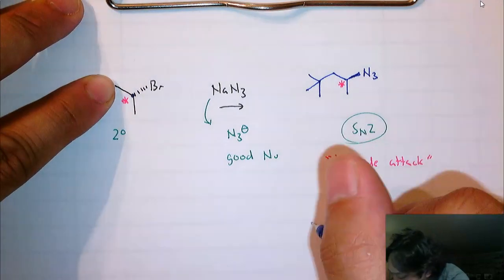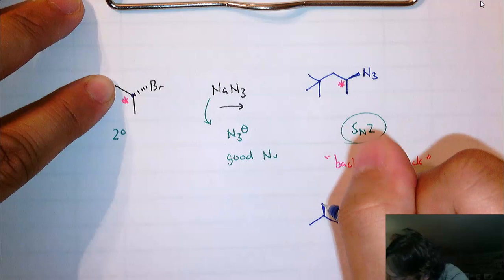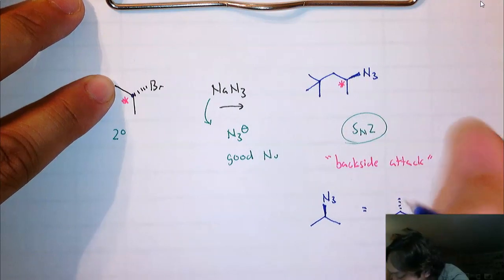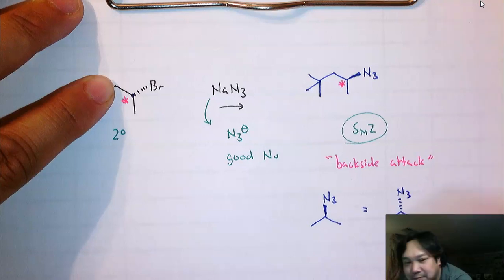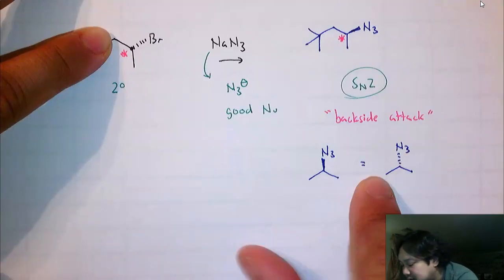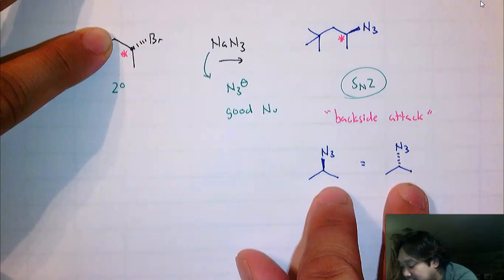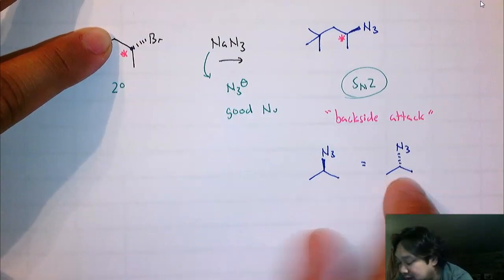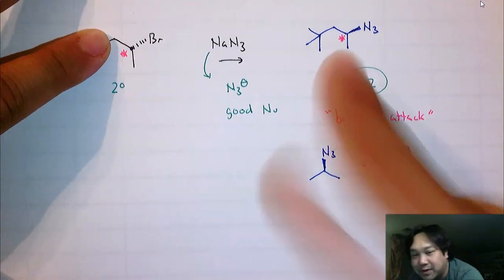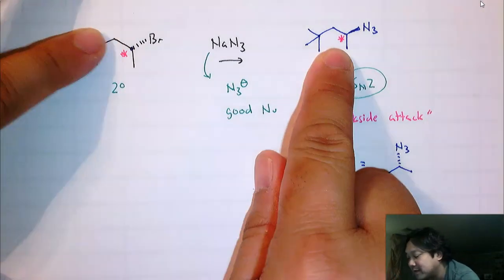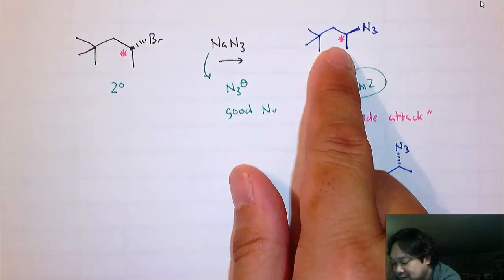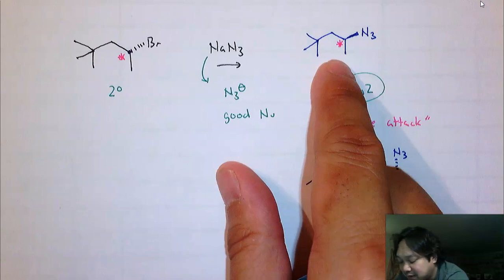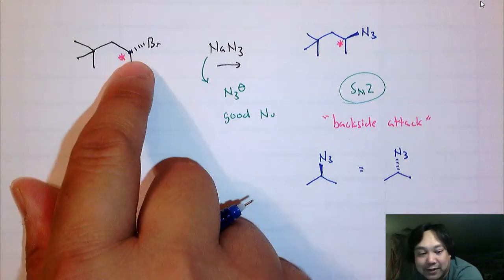Well, your product you think would be this, but that's identical to this. So it doesn't make any sense to draw wedges and dashes because these two are identical. This one's symmetrical, so both of these are achiral. This one is not. The mirror image of this would be different, but we're not going to draw the mirror image. We're only going to draw the one stereoisomer that comes from the inversion of this alkyl halide.